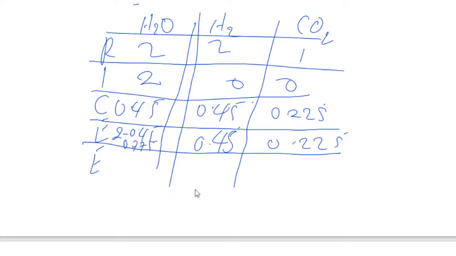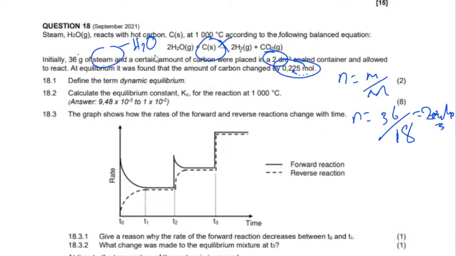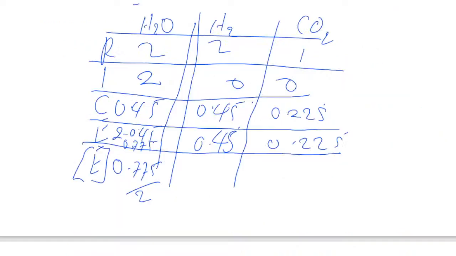Now after that you find the concentration at equilibrium: 0.775 divided by 2, because the volume is 2. So I go to this 0.45 divided by 2, and 0.225 divided by 2. The answers I get, I put in the expression for Kc.